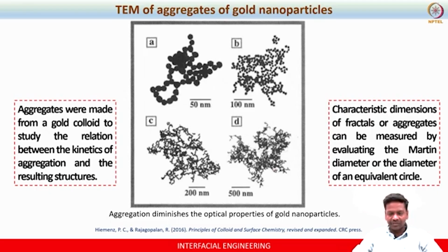The disadvantage of these aggregates is that the aggregation diminishes the optical properties of gold nanoparticles, and its catalytic properties are reduced by the aggregation of these gold nanoparticles. So these are the TEM images of gold nanoparticles that are shown here.